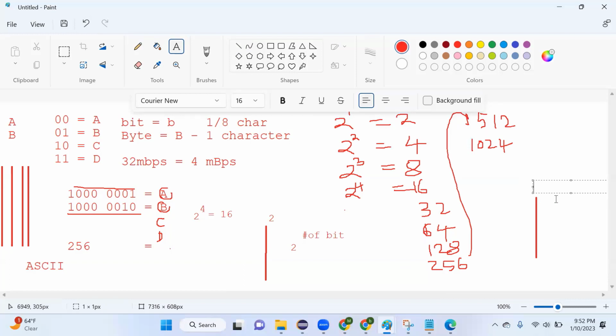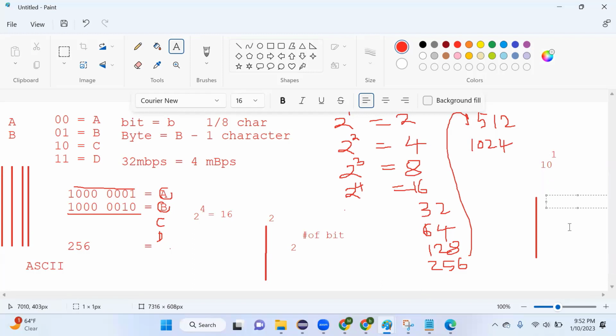Suppose in decimal value, if I have one digit, then how many variations can I express? I can write 0, 1, 2, 3, 4 pictures. How many? 10. For 1 decimal digit, I can express 10, so it will be 10 to the power 1.